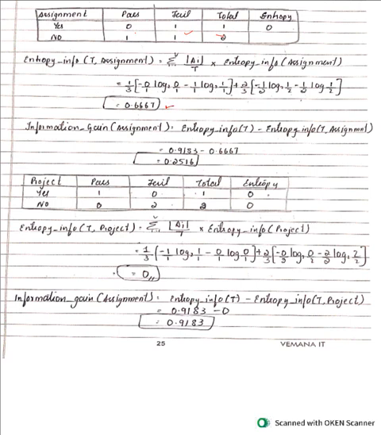You will get the entropy information as 0.6, same as how we calculated. The same way you have to proceed in iteration 2. While calculating the gain, you have to take the new entropy which you calculated for the subtree. That new entropy is how much? 0.9183 minus 0.66. So you will get 0.2516. And similarly for project, you calculate the entropy, you are getting 0, and the information gain is 0.9183 for the project.